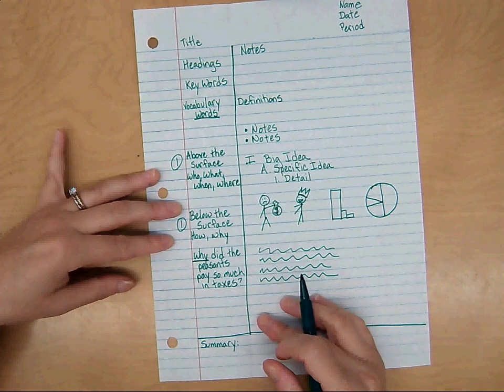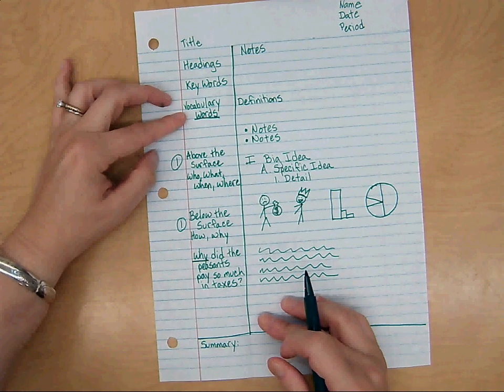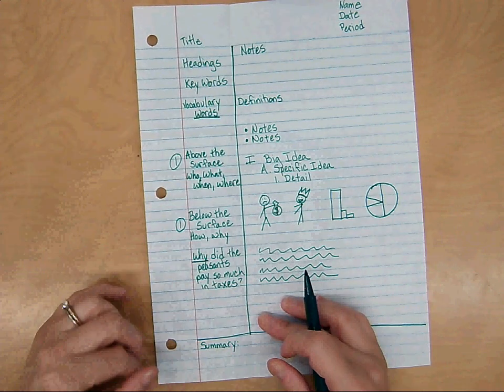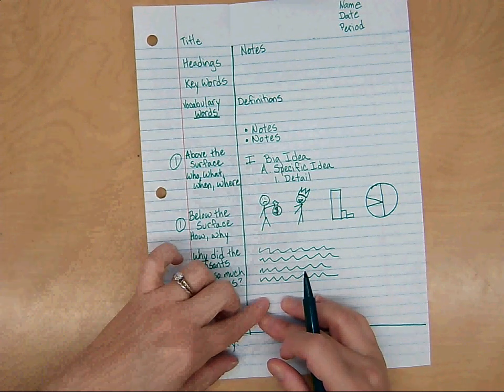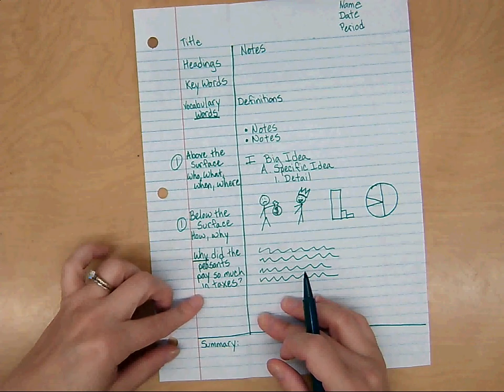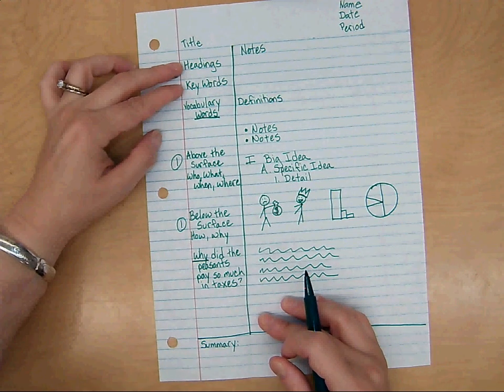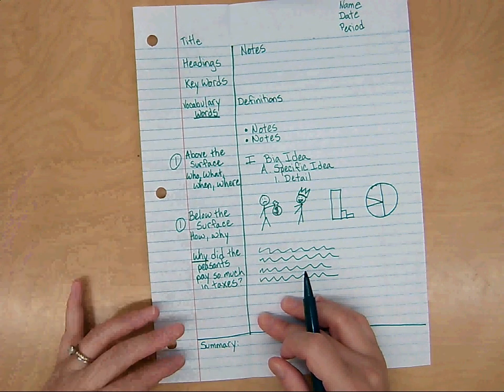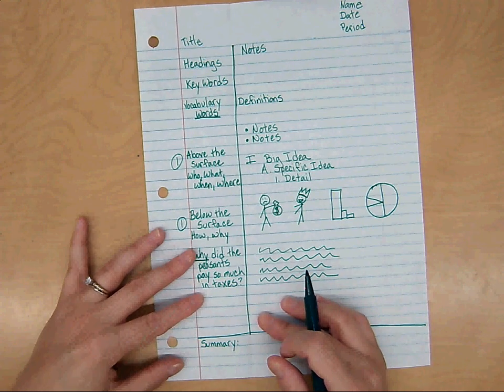Now once I have done all the vocabulary and the definitions, I've taken all the notes, I've put in my questions and any guiding headings or keywords, the last part of Cornell Notes is the summary.